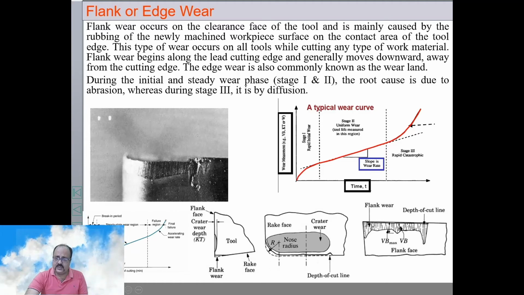So I am more interested in this zone. There will be wear in this zone, and the average length of wear from the top surface to here is called VB, or the length of the wear land. This is called the wear land, and where the maximum occurs is called VB max.